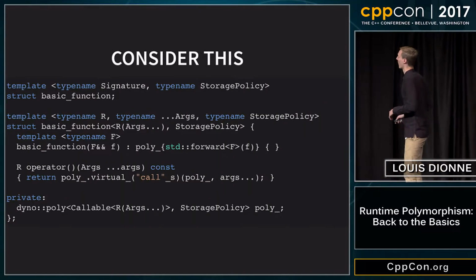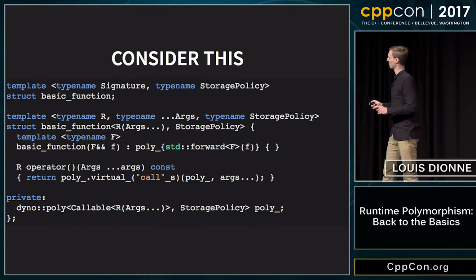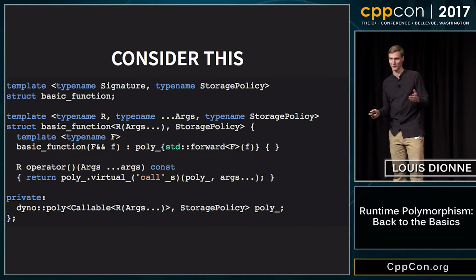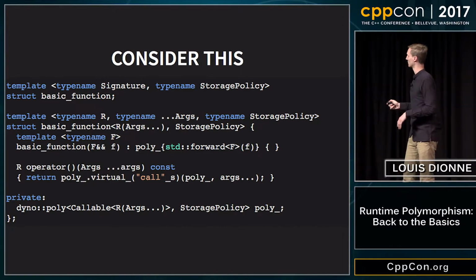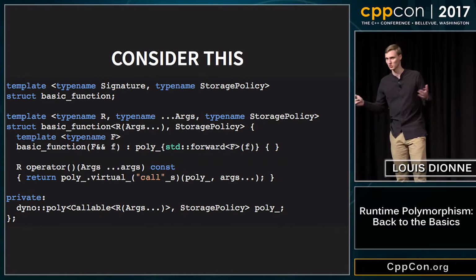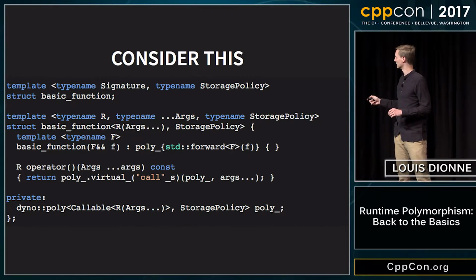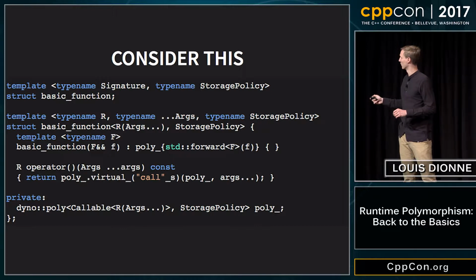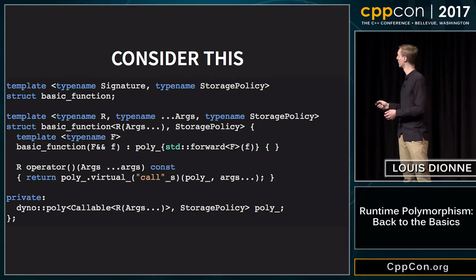And so what if we did this? Imagine I have a basic function, much like basic string, same idea, a little bit. I have a basic function, which has a signature and some storage policy. And then I do this little dance here. I can be constructed from anything. I should restrict this with some enable_if to really work.